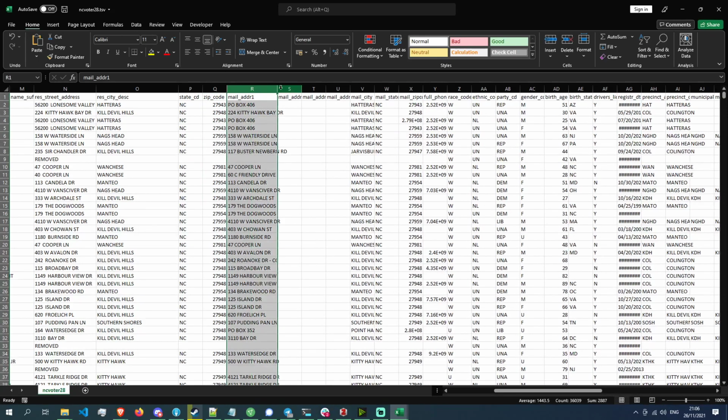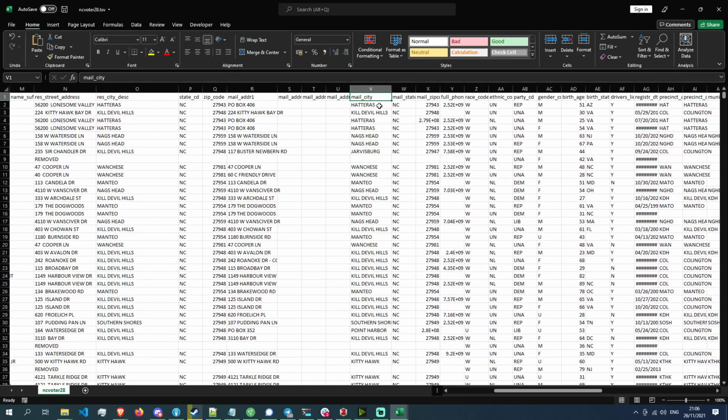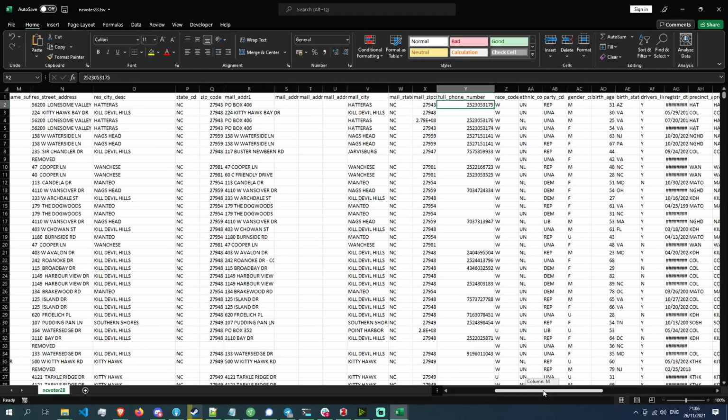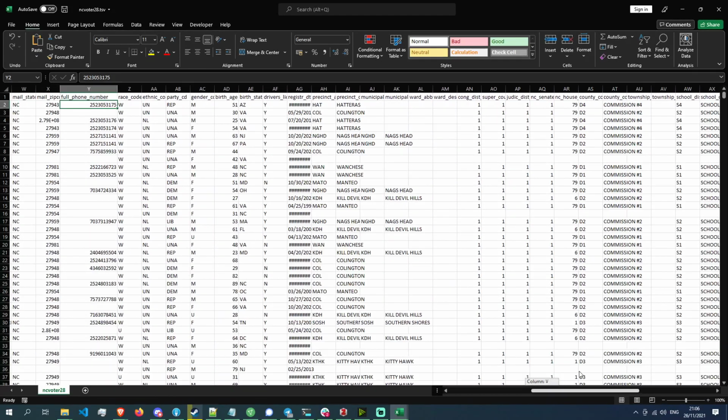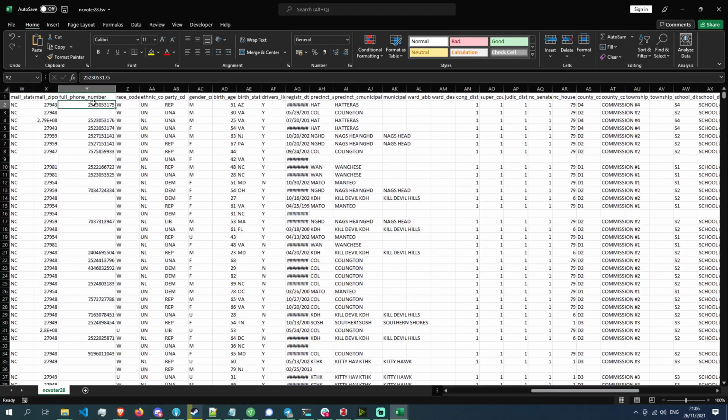You have their mail address, because they don't necessarily have the same mail address as their residential street address. Their mailing city, so that's where this mail address would be, state, zip code, full phone number, missing the international prefix. So this would be 1252, etc.